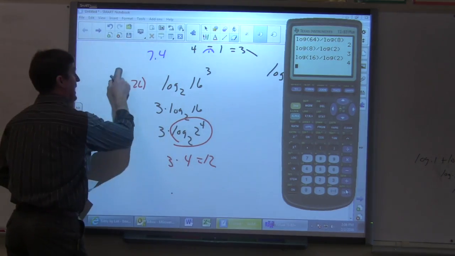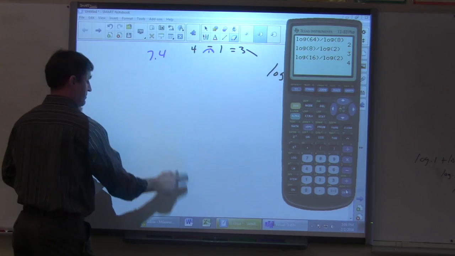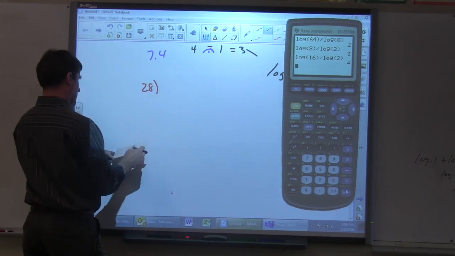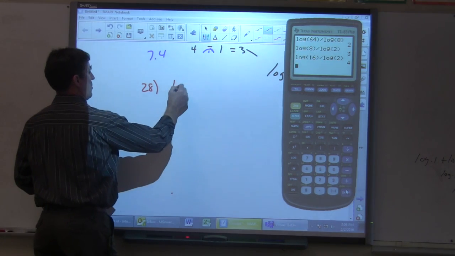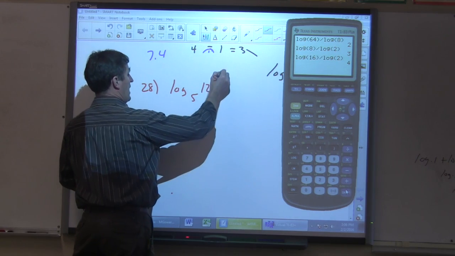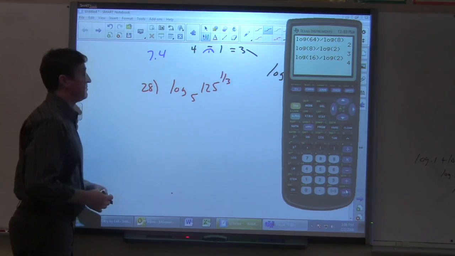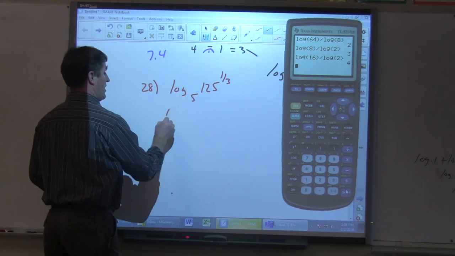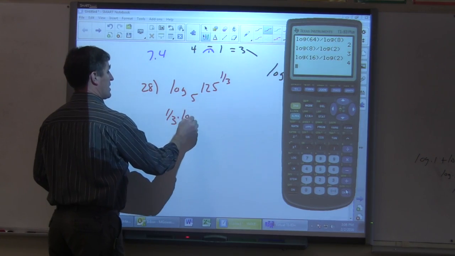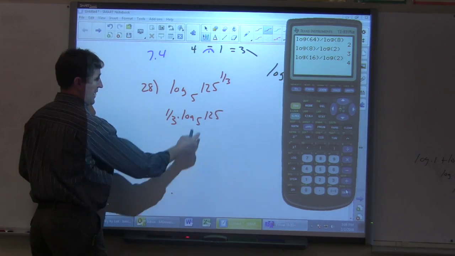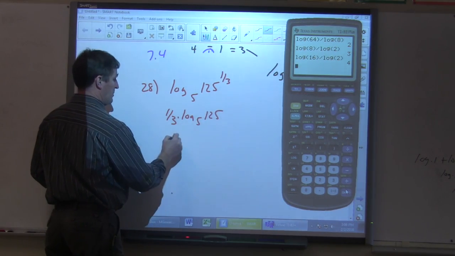Okay, let's do 28. So that's log base 5 of 125 to the 1/3 power. So again, this is like the last one. We can move the exponent out front and go 1/3 times log 5 of 125. Then I can convert 125 into base 5.